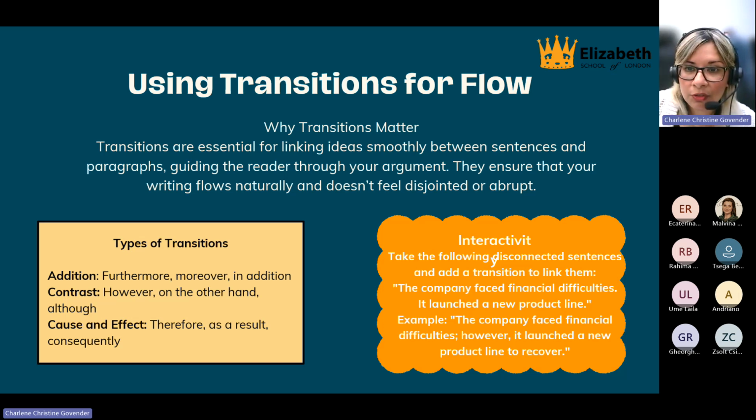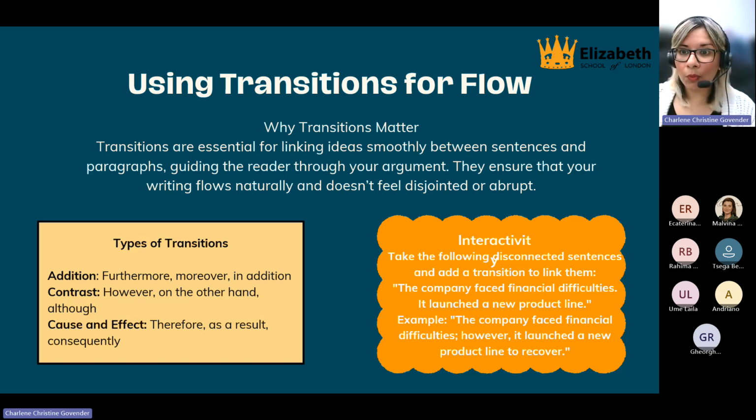So now we're going to use transitions. And why transitions matter is because when you have developed your paragraph and you got a great paragraph incorporating all of those things, we want to be able to interlink it to our writing. So transitions are essential for linking ideas smoothly. Okay, focus on that.